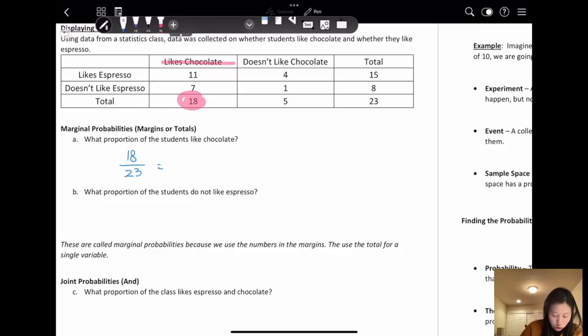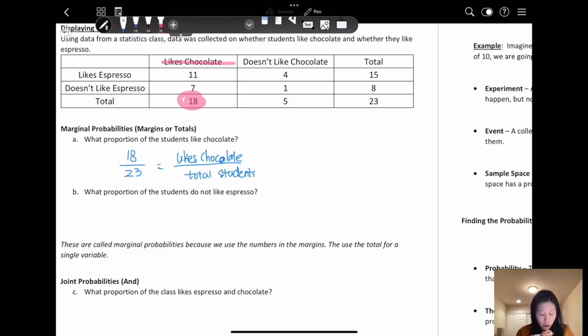So the proportion is students who like chocolate over the total students. If you need to reduce to the simplest form, 18 over 23 is already the simplest form.